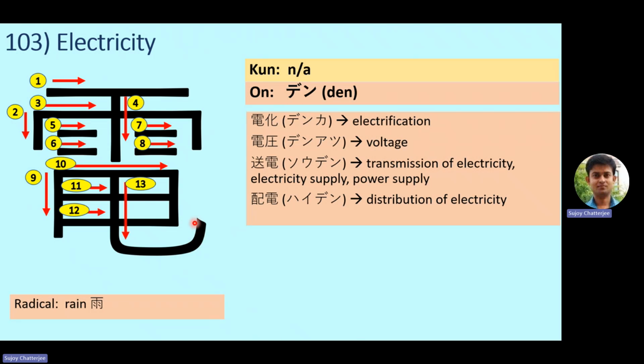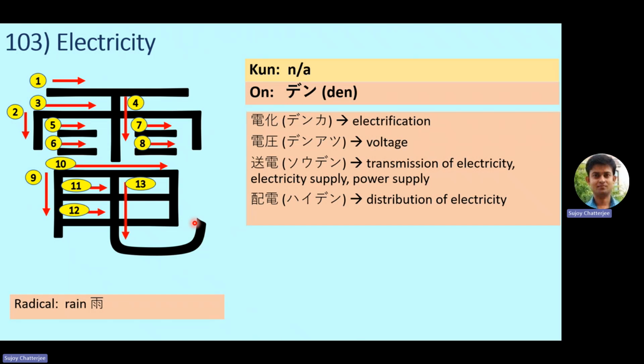So there are 13 strokes, so that would indicate it's a very complicated character, but actually it's not all straight lines. And if you understand how this kanji character has been made, it's very easy to draw, although you will need some kind of practice. Yeah, that is for sure.